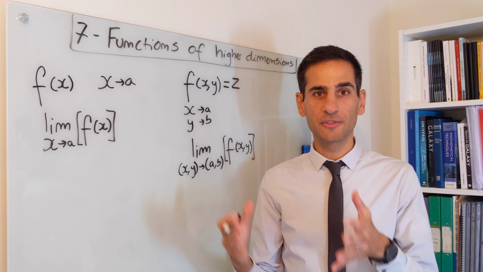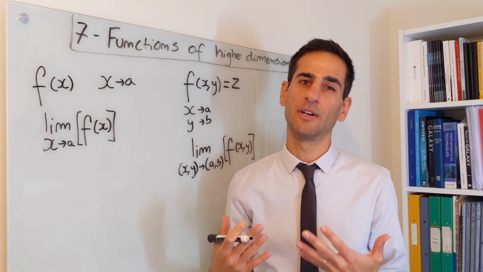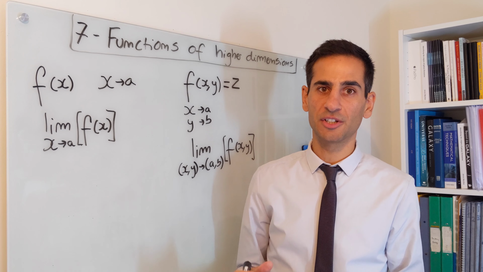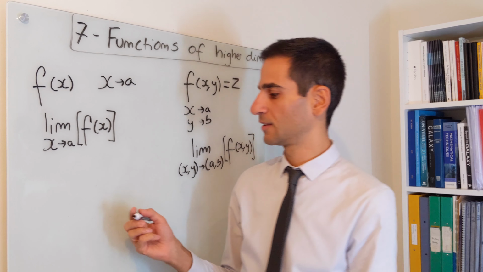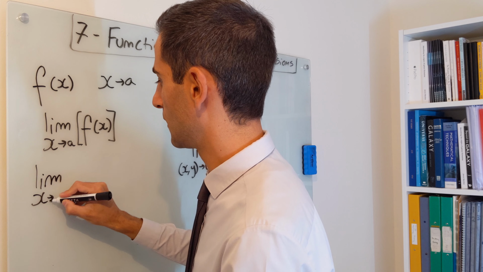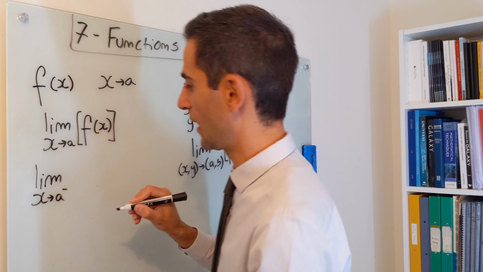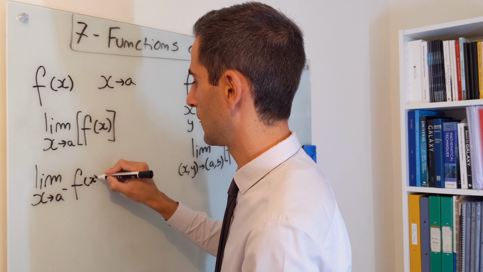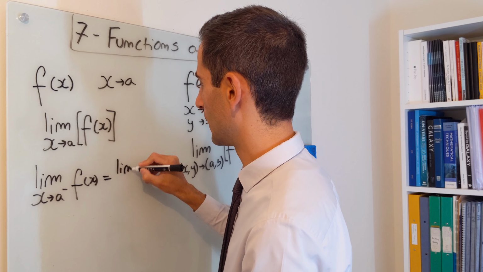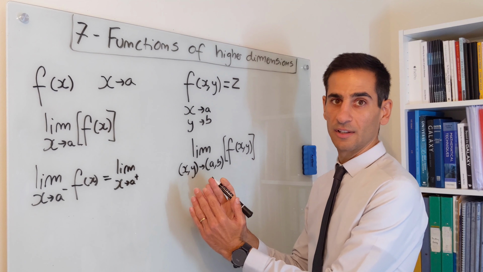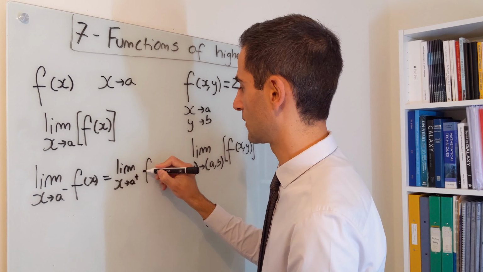If you remember from section 3 when we talked about limits, for this limit to exist, a condition had to be fulfilled. Essentially, the limit when x goes to a from lower values of f of x had to be the same as the limit when x goes to a from slightly higher values of f of x.